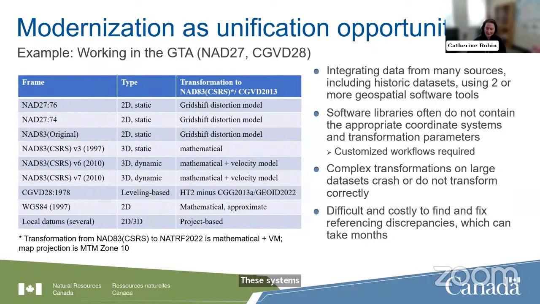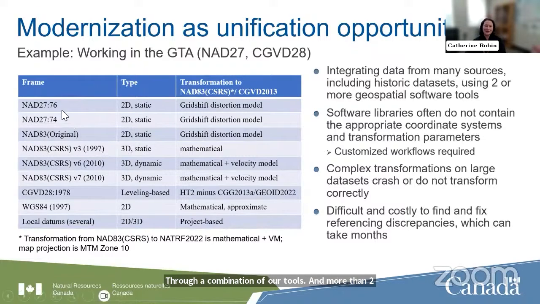I'm going to give an example of additional motivation for moving to that system. This is an example of working in the Greater Toronto Area. As we noted, that's still in NAD27, and they're officially still on CGVD28. And I recently spoke to someone working on some projects in the city, and he gave me a list of all the different reference frames he was trying to deal with through a combination of our tools and more than 2 different GIS tools.